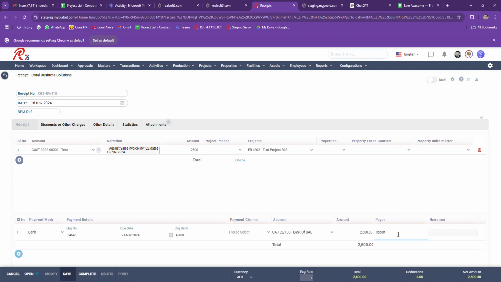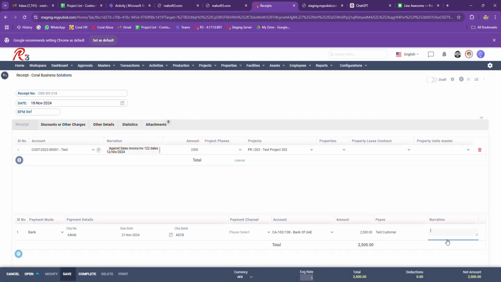Did you see check printing? In our system we can print the checks also. If you insert a check leaf into the printer, it will print according to the data and check payee from this system. So here we mention this payee as this customer, test customer.